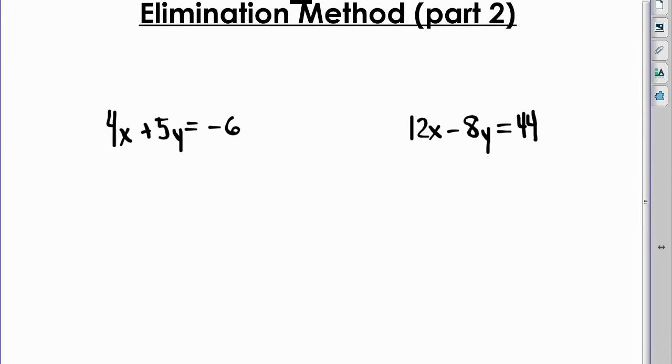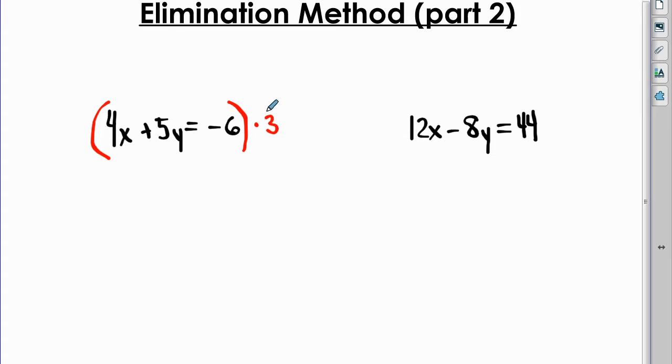Before we get into that, remember in Part 1 we were able to add and subtract equations as long as they were lined up nicely. Another thing we can do with equations is take an equation and multiply it all by a number. For example, I can put parentheses around everything here and multiply it all by, let's say, 3.